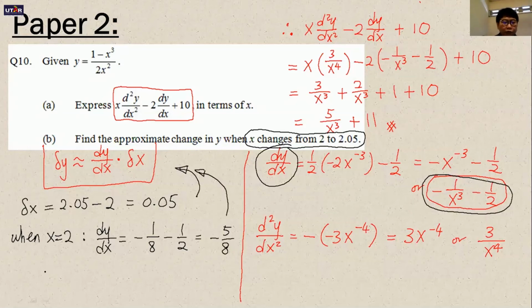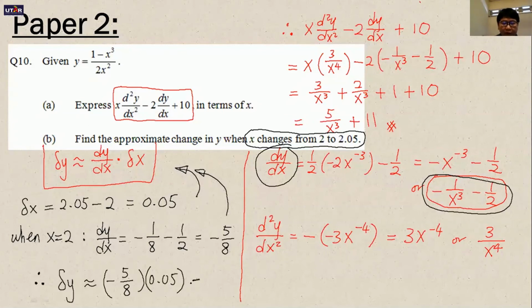So we know that I need to find the small change or approximate change in y, right? So approximately equal to negative 5 over 8 times 0.05. So that's why your final answer is negative 0.03125. Right? So this is the answer for part B. Right? For part B. Okay?